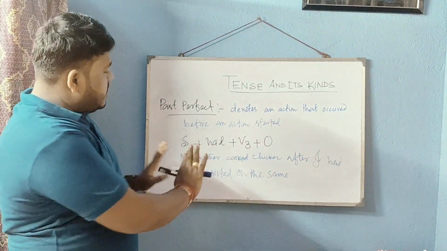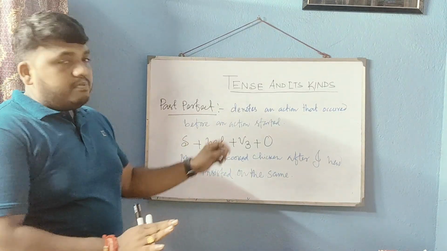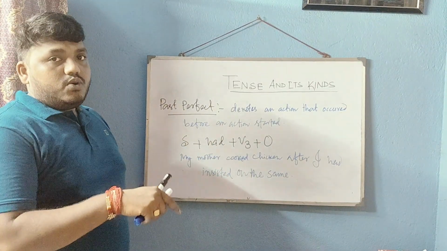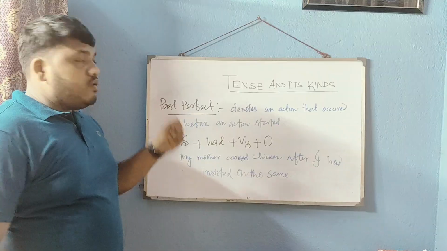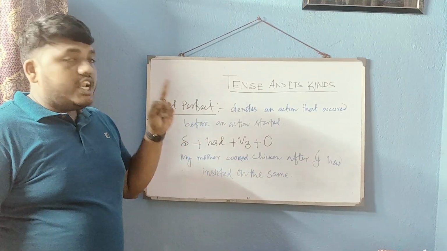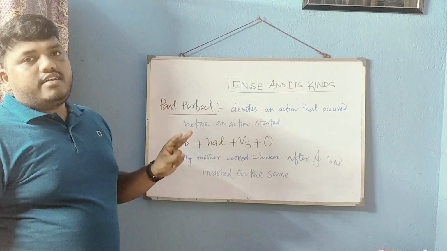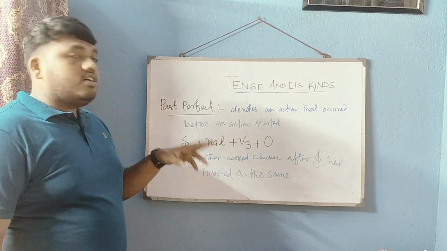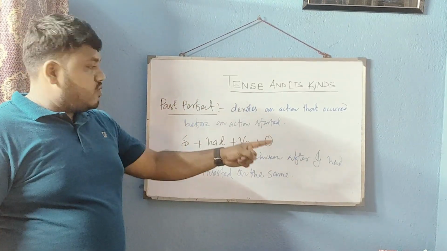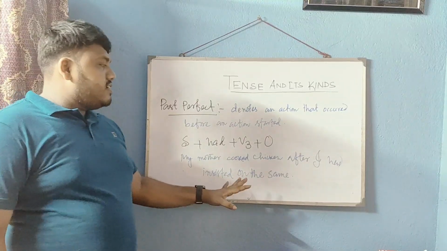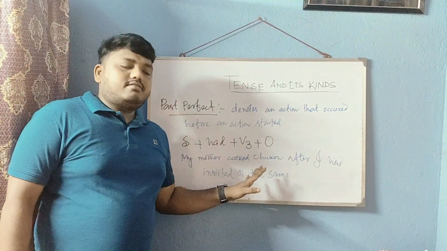So there are two actions, very clear. You insisted on it before, so you have to write this in the past perfect tense and the other in the past simple tense.